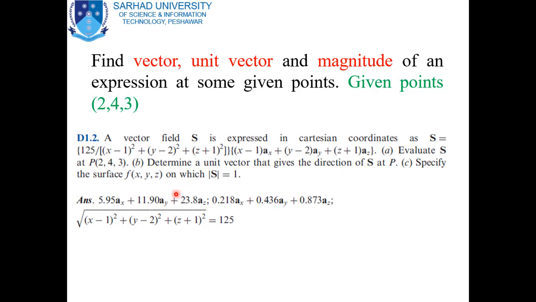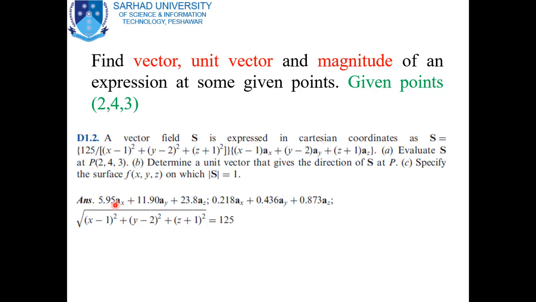So first we will find the magnitude of s from this expression, and we will write sx square plus sy square plus sz square under the root, and then we will divide each component of s by the magnitude of s.